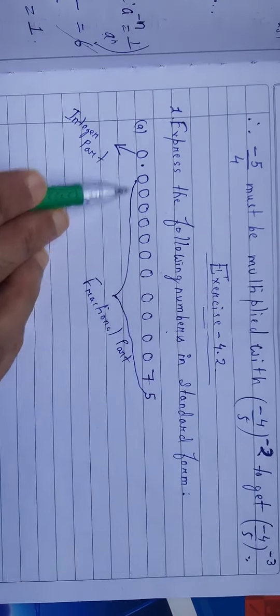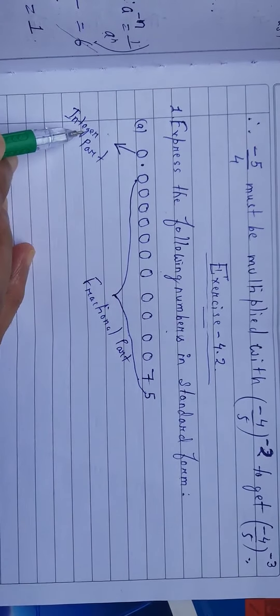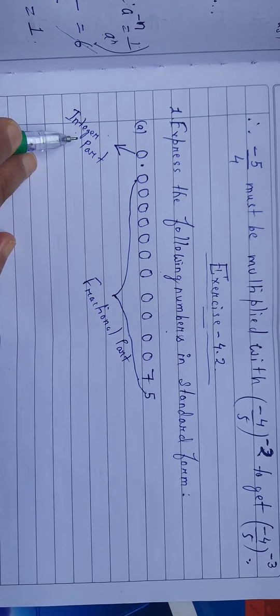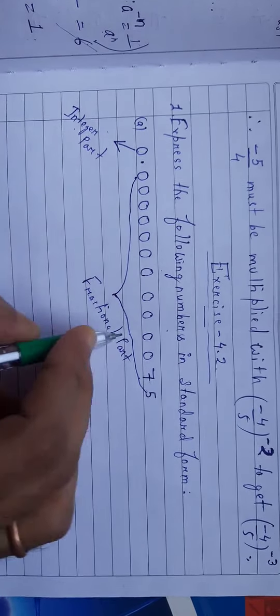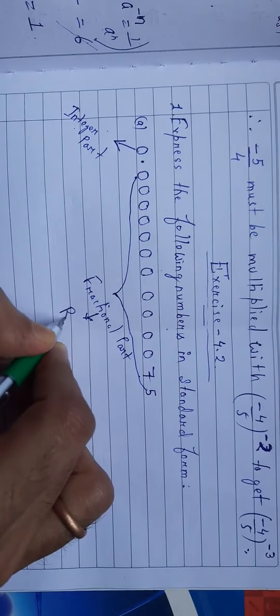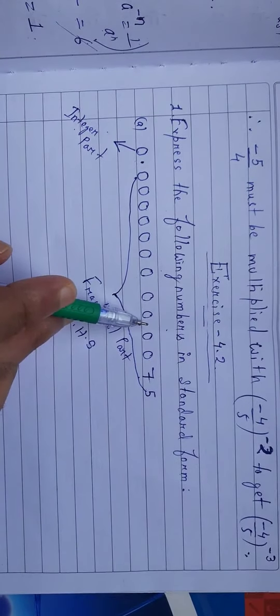Wait, this side is called fractional part, the left hand side is called the integer part. Now to make it simple, this fractional part can be called the right hand side of the decimal.